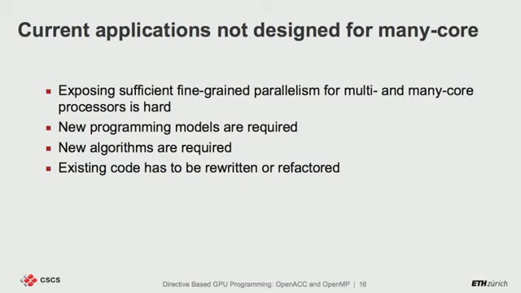And of course, I think most of us have come across the case where we inherited some code from older generations that was doing good physics, good biology, producing results. We still need to get the same quality of results, but we need to make use of the new architectures.